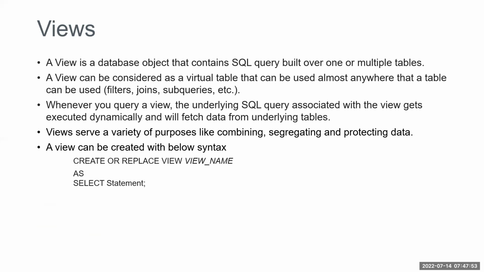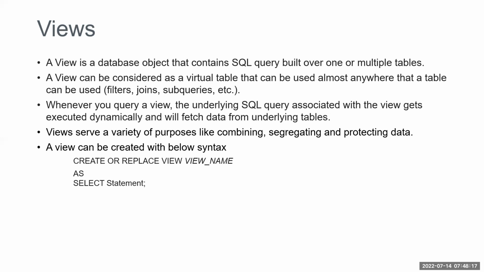So a view can be considered as a virtual table which doesn't exist in the database, but whenever we try to query that view, it will fetch the data from underlying tables, and we can use these views anywhere in our queries. Whenever you query a view, the underlying SQL query associated with the view gets executed dynamically, and it will fetch the data from the underlying table.